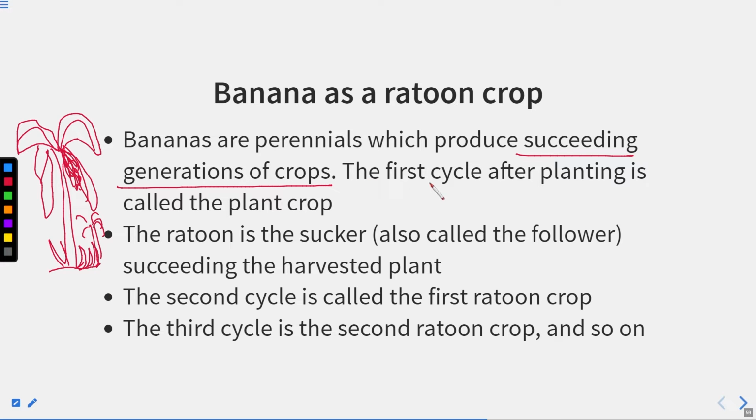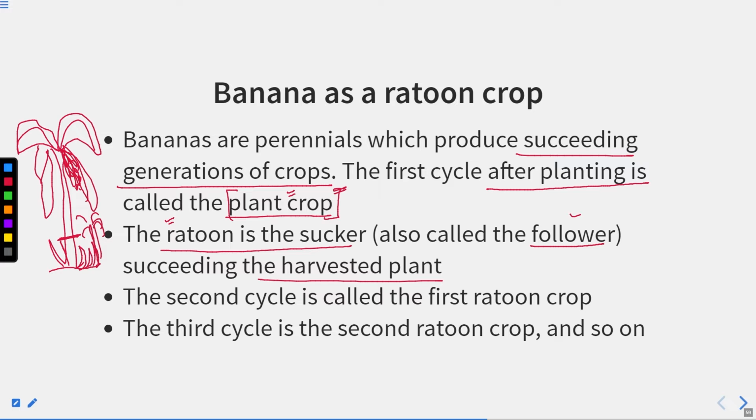Okay. So the first cycle after planting is called the plant crop. So the first time you have a plant of banana, it is called a plant crop. The ratoon is the sucker, also called the follower, succeeding the harvested plant. So once this plant is harvested, these plants will be called the ratoon, or the sucker.